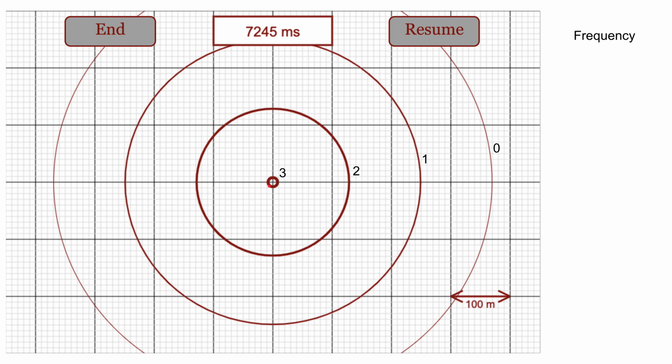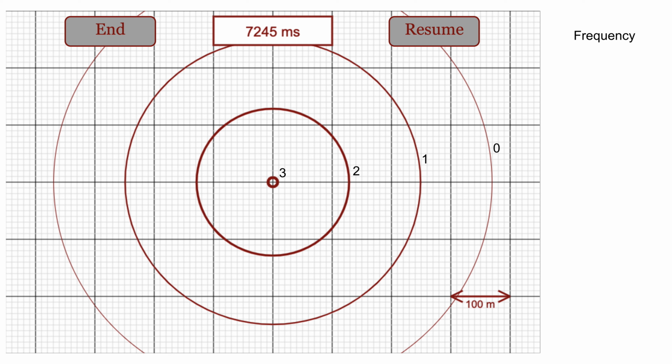So this wave that is just in the process of being created, get that as close to the origin as you possibly can. In this case we have 3 waves in a time of 7.245 seconds. So it's 3 divided by 7.245, and that will get you your frequency, in hertz.